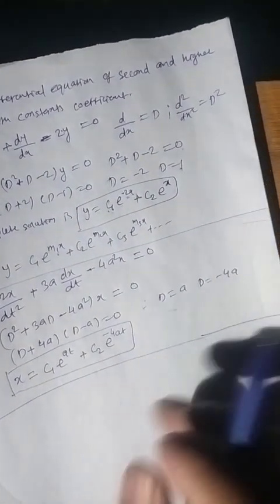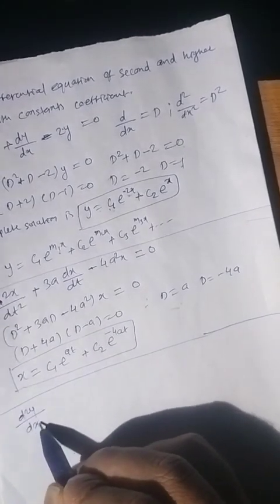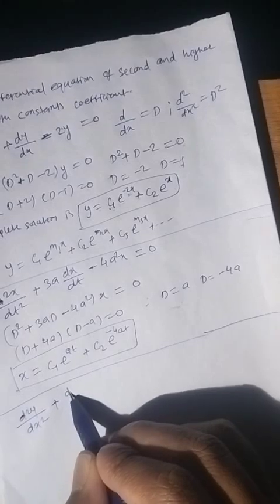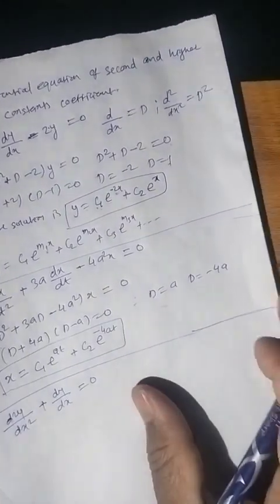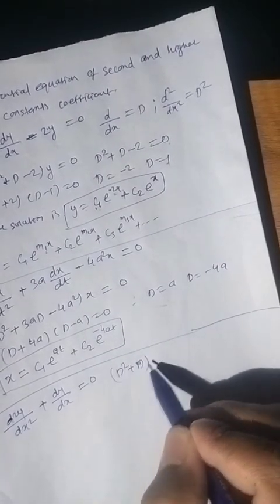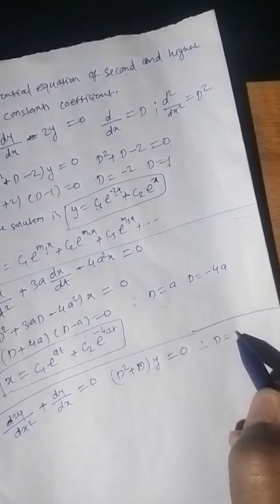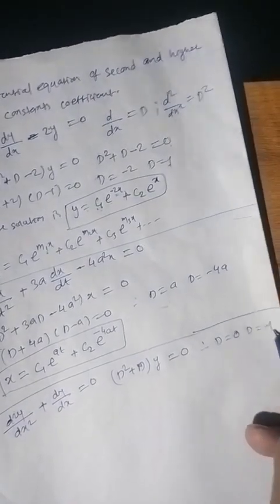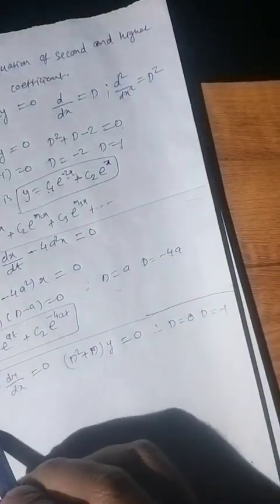Now let us look at another example: d2y by dx square plus dy by dx equal to 0. (D square plus D) y equal to 0, and we get D equal to 0 and D equal to minus 1 as roots of this equation.